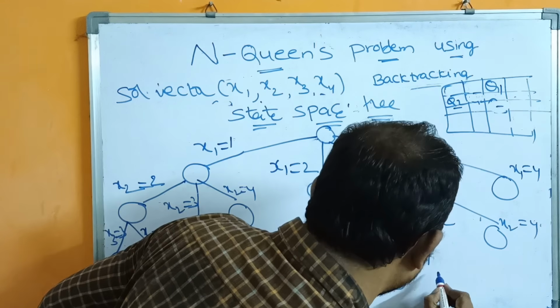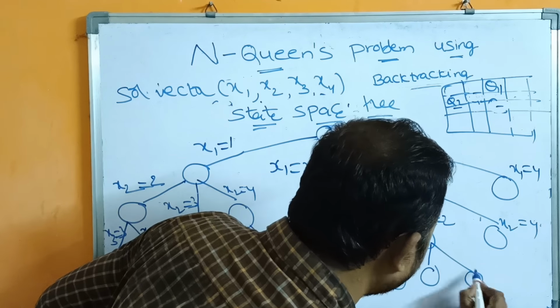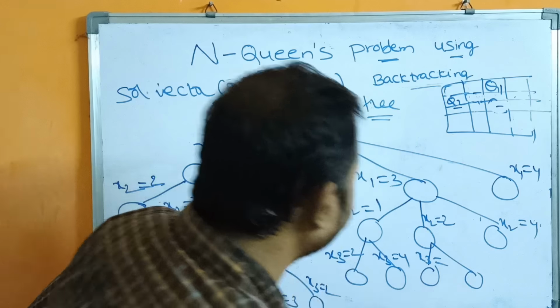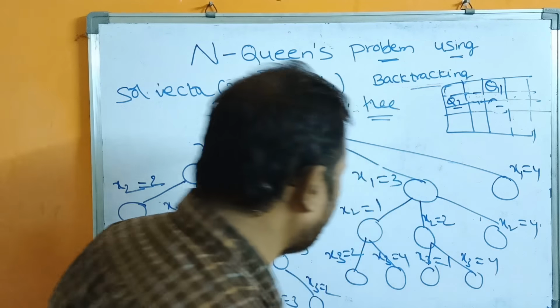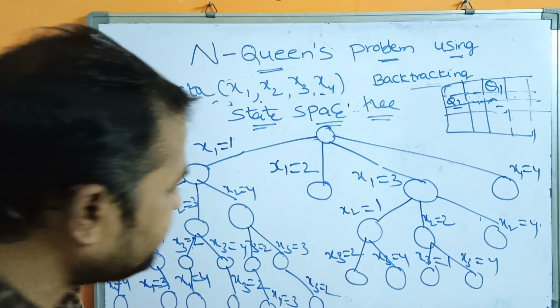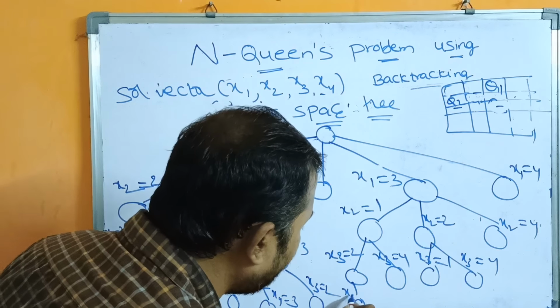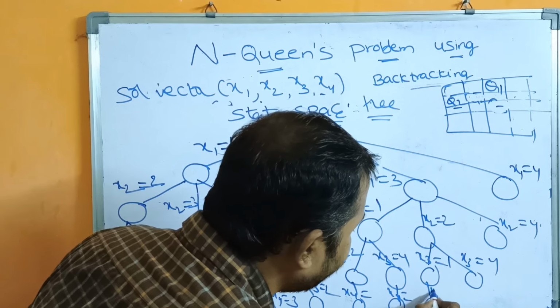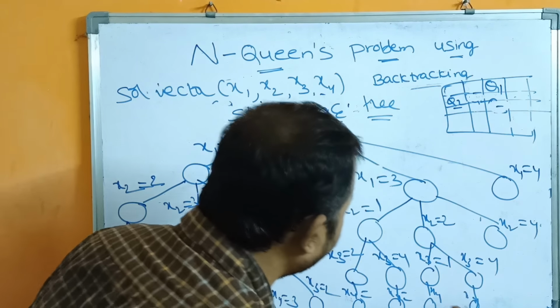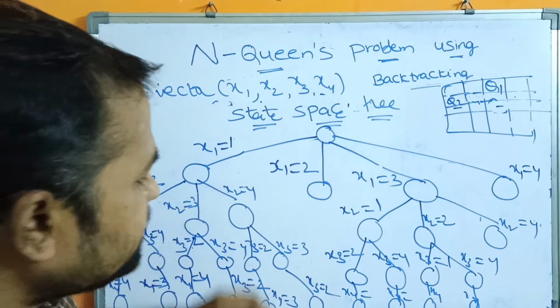So what are the left out cells? X3 is equal to 1 or x3 is equal to 4. If you consider this path, what is x4? 3 1 2 is over.